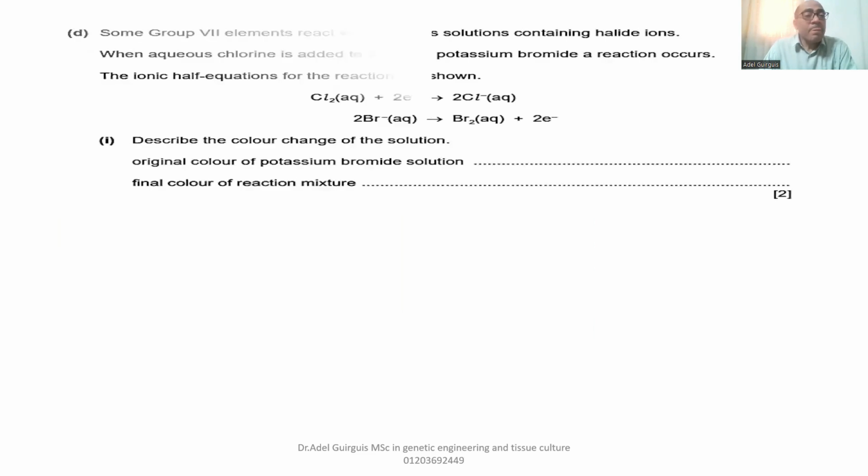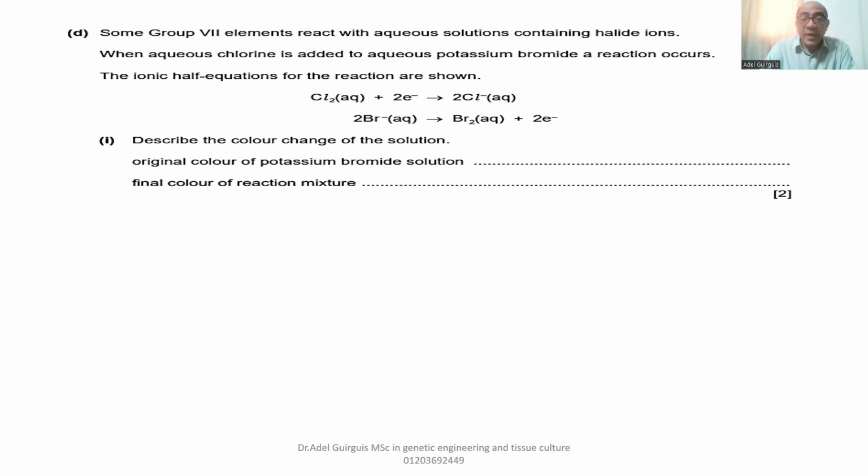Look also, some group 7 elements react with aqueous solutions containing halide ions. Halogens react with halide ions. When aqueous chlorine is added to aqueous potassium bromide, a reaction occurs. The ionic half equations for the reaction are shown.